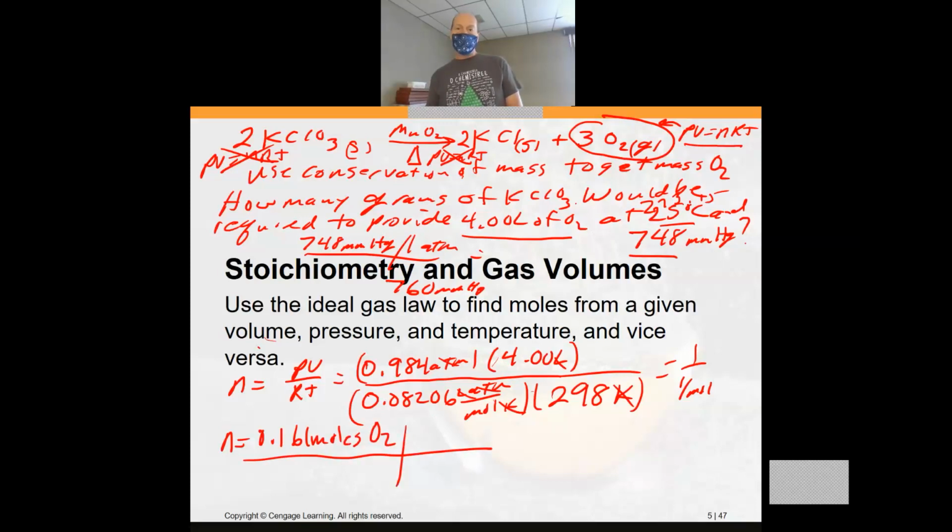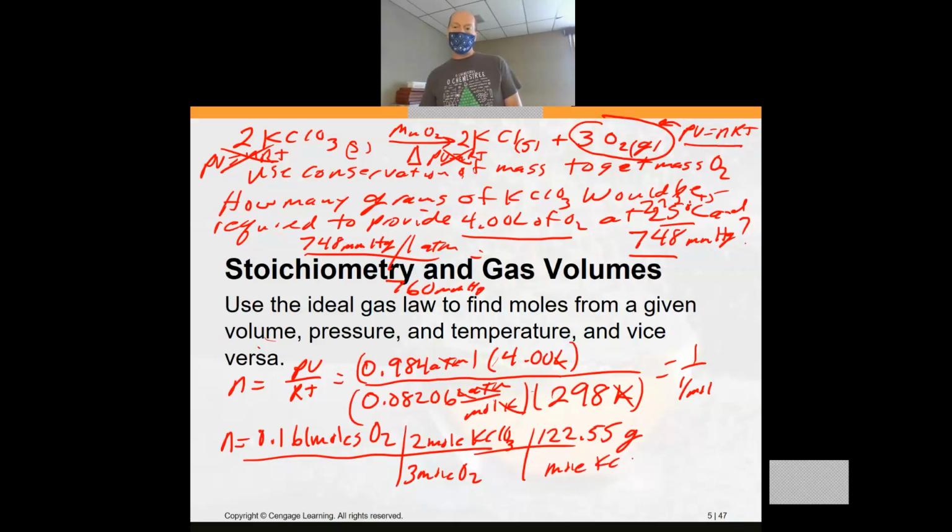Then we do the mole ratio from the balanced chemical reaction. 3 moles oxygen are produced from 2 moles of KClO3. Then we find the molar mass of KClO3, which is 122.55 grams per mole.